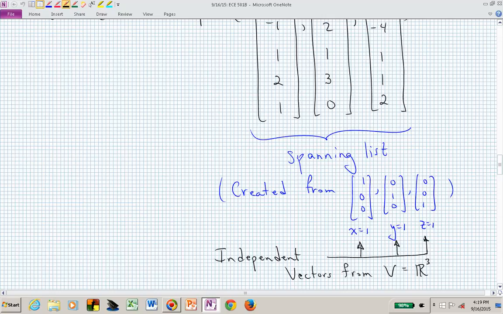What we did do, though, which was very important, is we selected 3 linearly independent vectors. You could have picked 3 other vectors. As long as they're linearly independent in R3, you could then get different vectors for your spanning list, but you'll see that those span exactly the same hyperplane that these 2 vectors span.